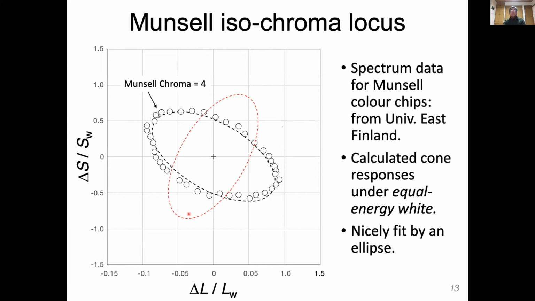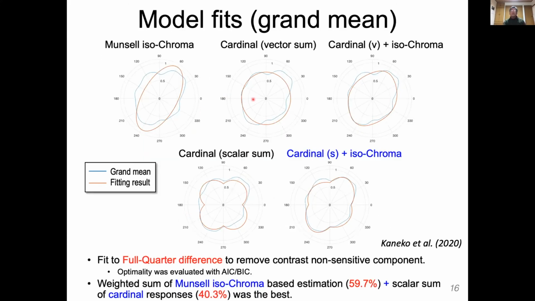And we checked which model can best fit our data: the isochroma contour model, or the cardinal model with vector sum and scalar sum, and their combinations with the isochroma contour. And it turned out that the isochroma contour model with the cardinal scalar sum model best explained our data.